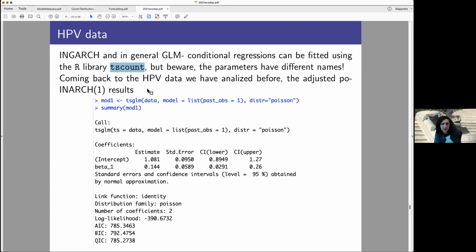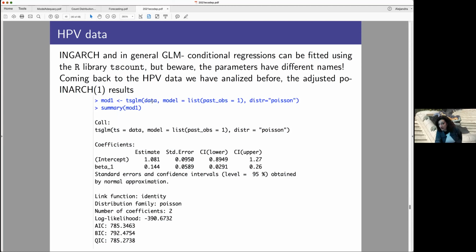The only thing is that the notation we have been using is kind of different from the one used in the library, but the model can be very easily fitted. So you see, it's just this instruction, tsglm. You have to put the data.